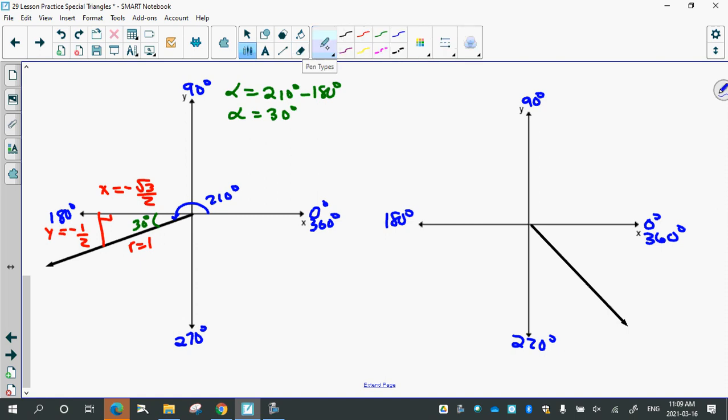Okay. So if you did 360 minus 315, you would get 45. And I have to draw in my 315. So again, to get alpha, you can do 360 for this one, and then subtract 315, and that gives you the 45.